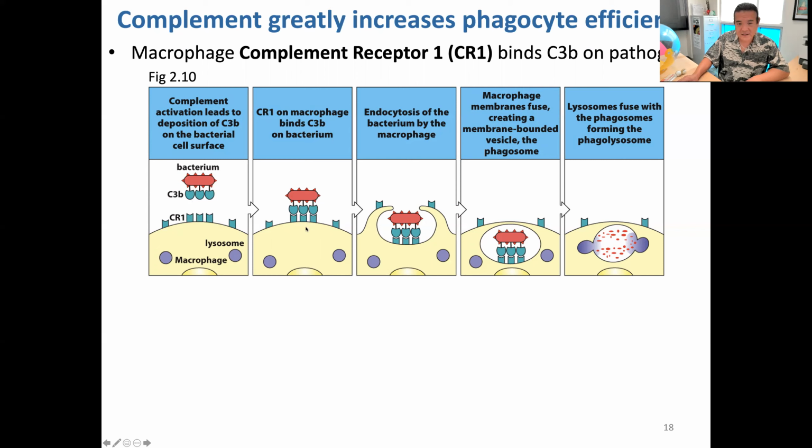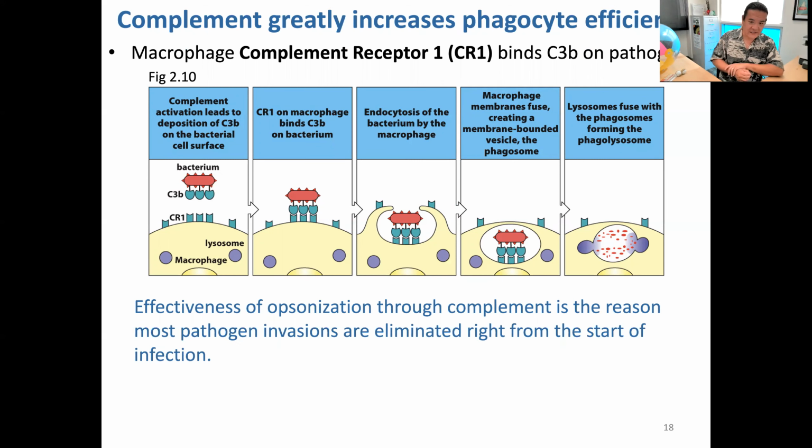And so that makes it easier for the macrophage to attach and bind to the bacteria, resulting in endocytosis and phagocytosis, right? So the bacteria is then brought in, and then these purple vesicles are the lysosomes that are filled with all kinds of enzymes and things like that. When the phagosome joins with the lysosome, you end up with a phagolysosome, right? And then all of the enzymatic contents of the lysosome are now dumped onto the bacteria, and the bacteria are then digested.